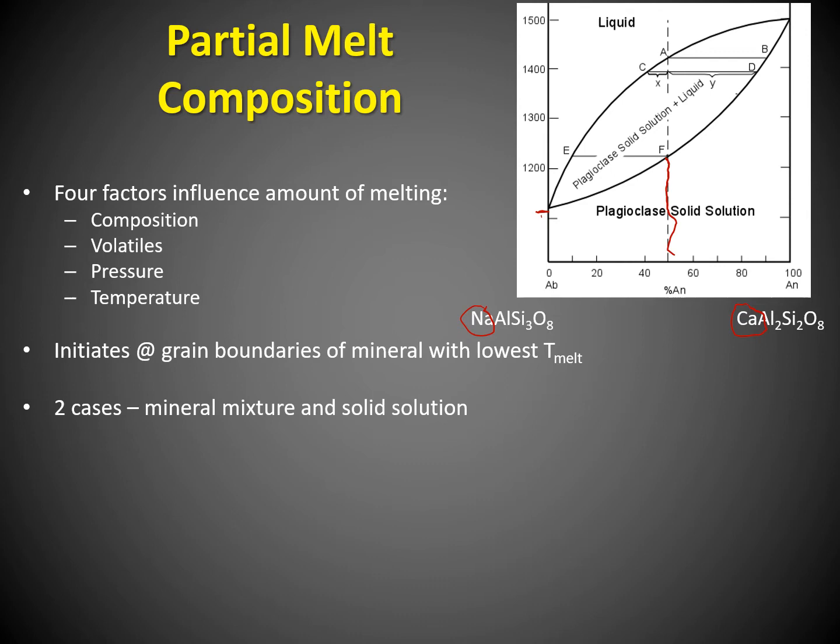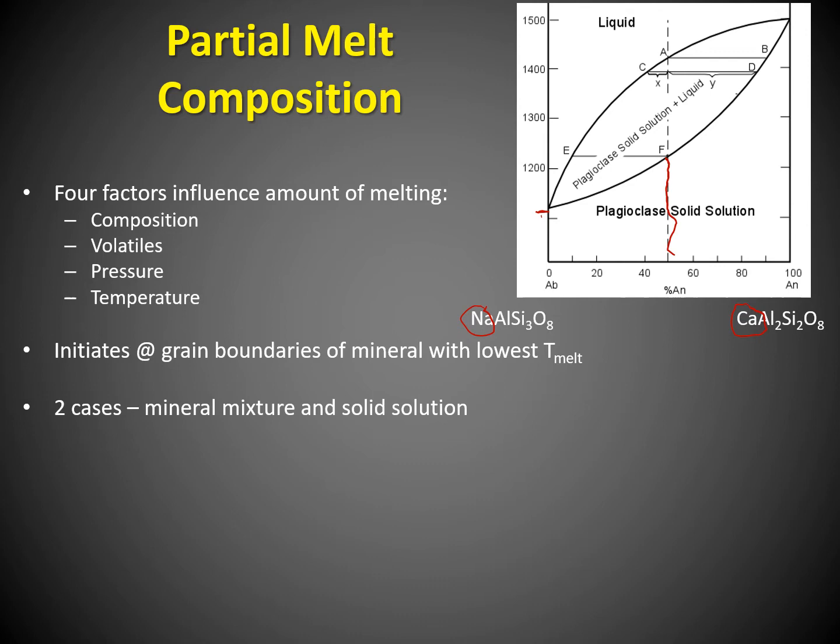But what's going to come off as a melt? Well, you're going to break the weakest bonds, right? So you're going to end up with a liquid that starts right here at E. Okay, and you can see that at E, what's the composition of that liquid? It's mostly sodium rich, right?